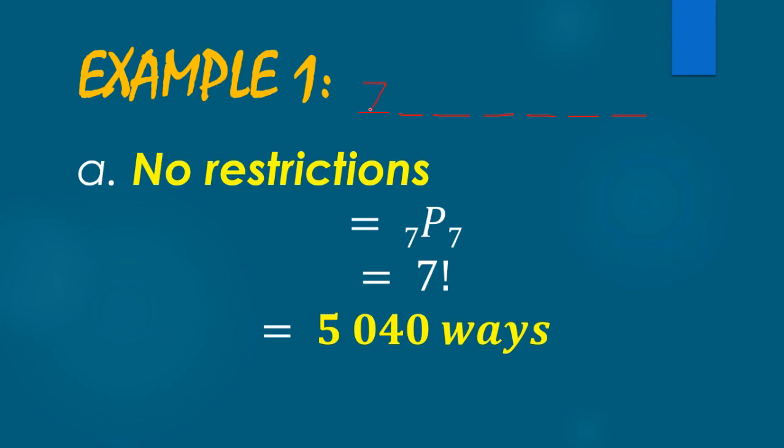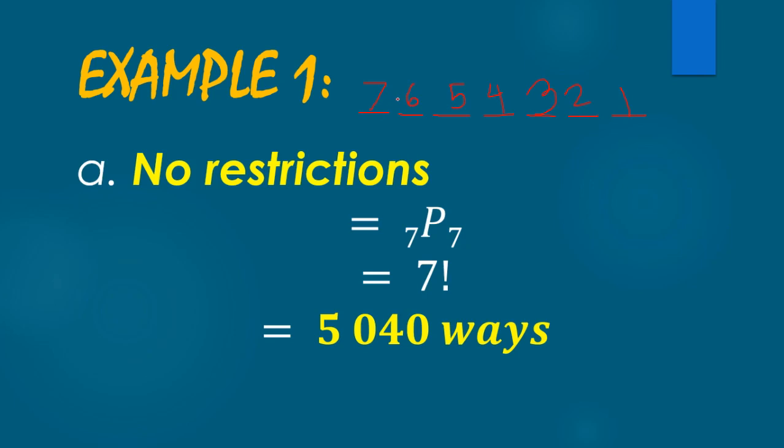And then for an instance, if we have used one of those letters, we can have here 6 already. And then 5. Then 4, 3, 2, and then 1. Or that is simply 7 factorial.